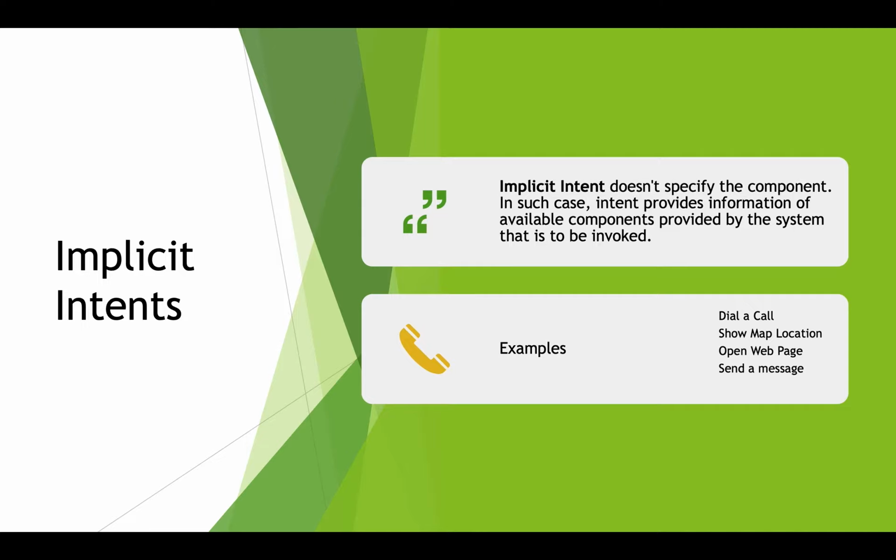So you need to provide all those permissions. By using implicit intents you can achieve this. No need to specify any component, just provide the information about available components provided by the system. The system is nothing but the Android OS, which will give components to you. Just go and utilize that.